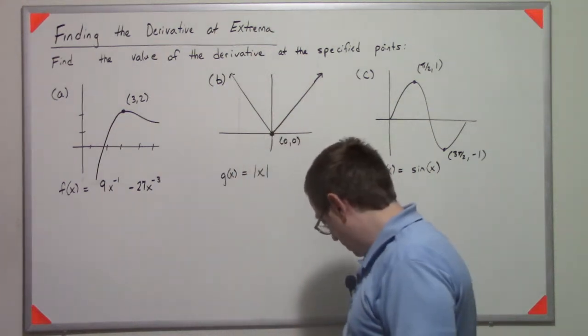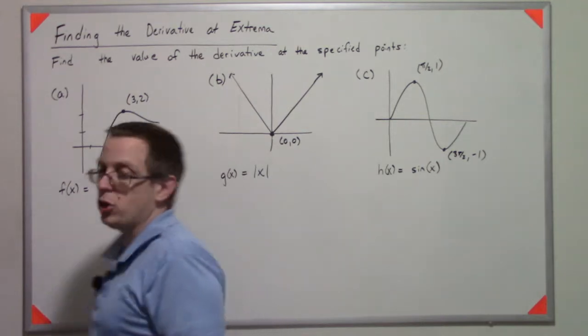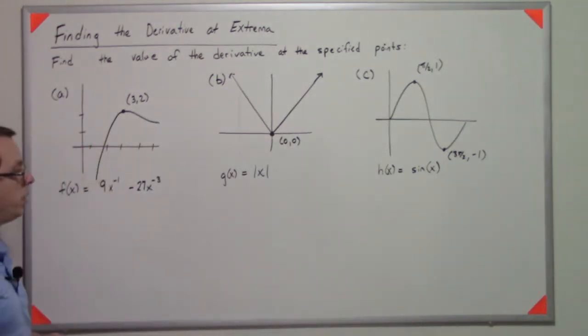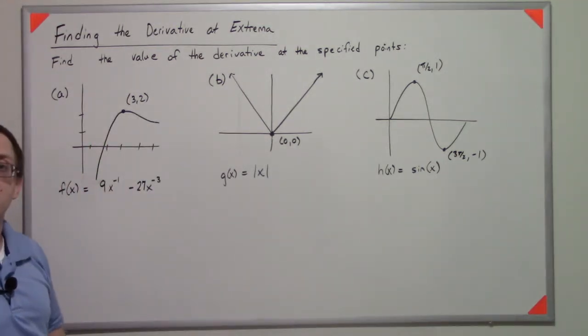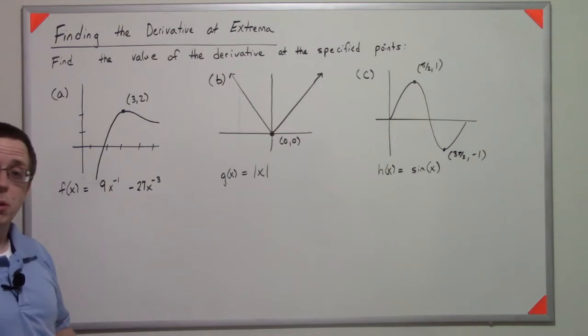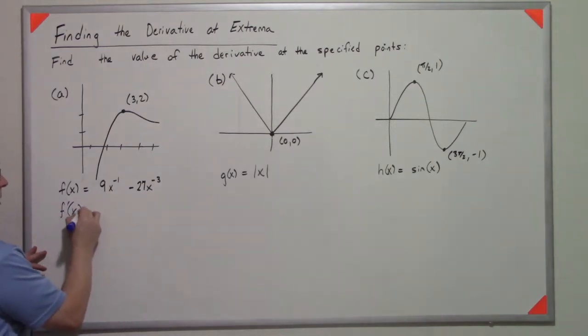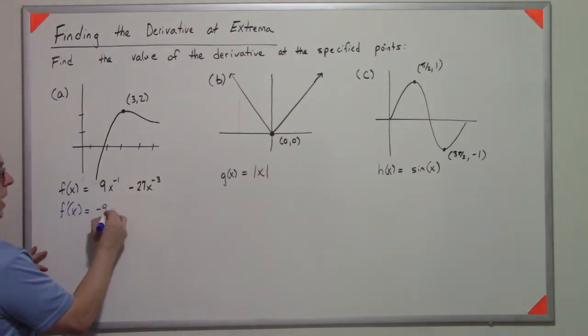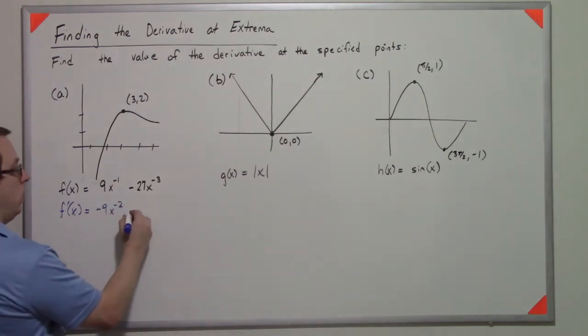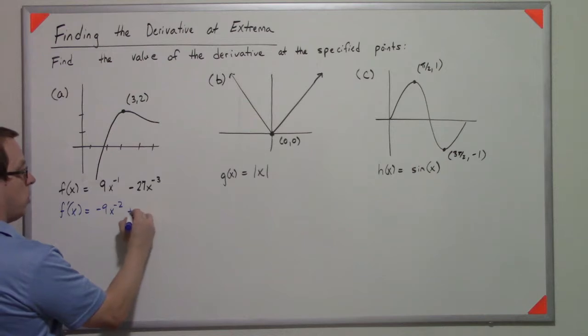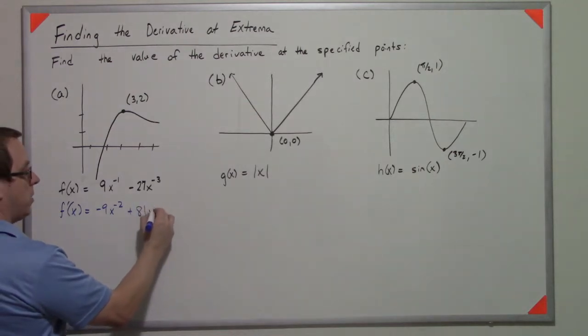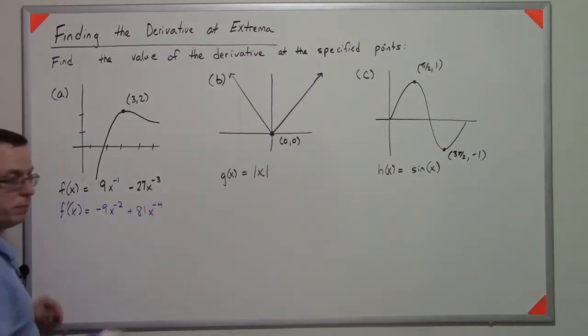Let's get to it. So in the first case, I have a function 9x to the negative 1 minus 27x to the negative 3. If I compute its derivative by the power rule, I get negative 9x to the negative 2 plus 81x to the negative 4.